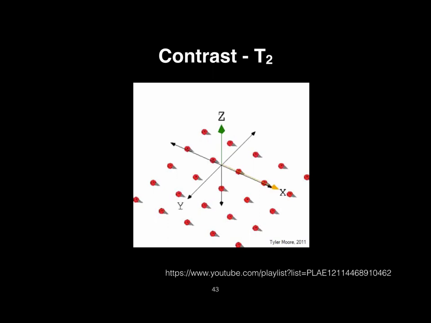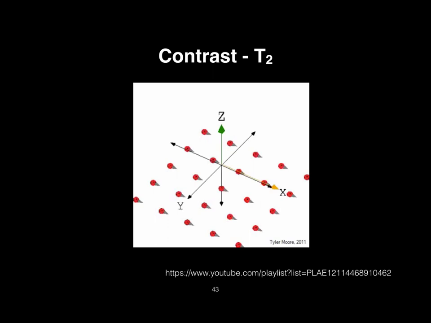At the beginning of this experiment, they're nice and aligned, and they have a net signal that we can actually detect. But remember, just as we're sitting in this room here, things are kind of randomly aligned. And that's where things like to be, random. And this is where, after we excite, the transverse signal will tend back to.